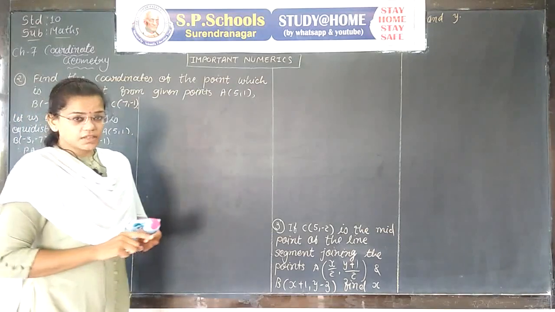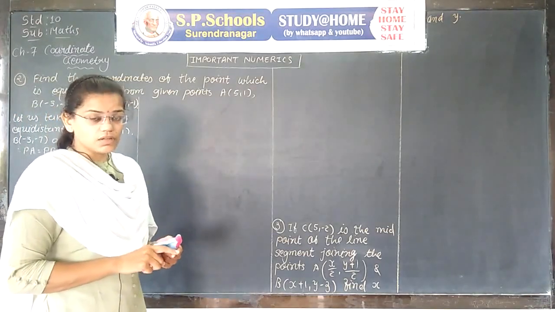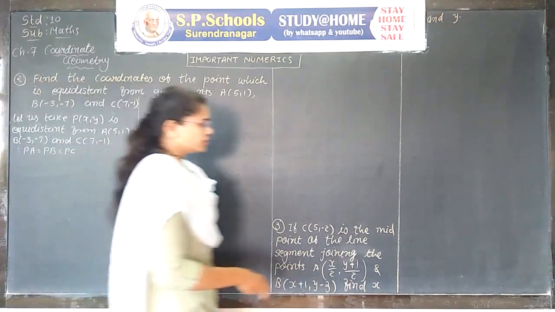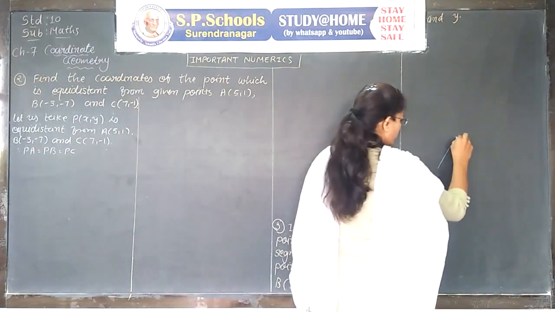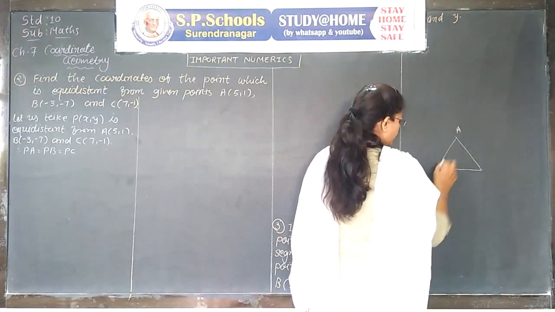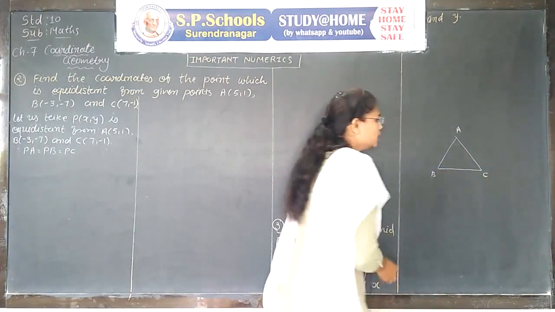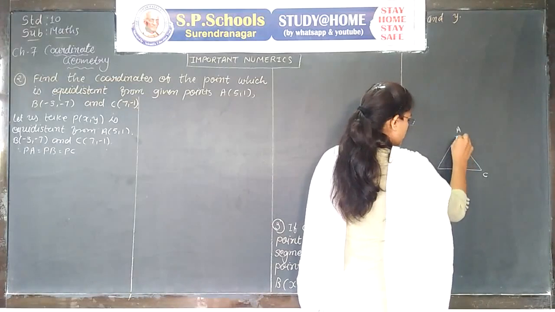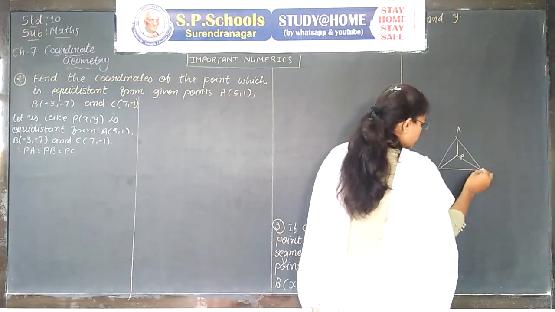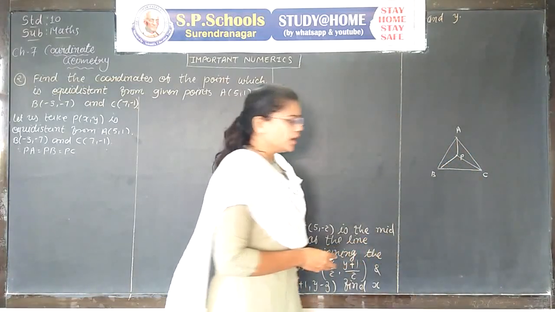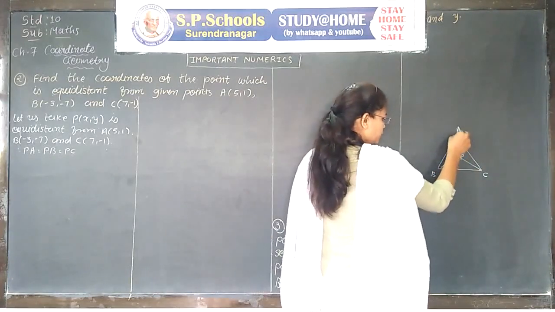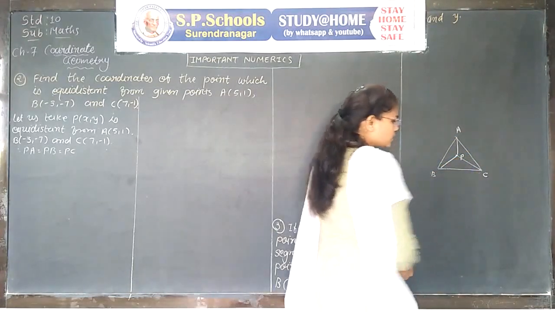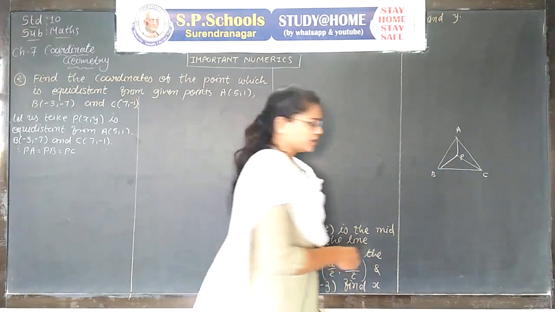The equidistant point P (x, y) is called the circumcenter of the triangle. Whenever this type of question occurs, the point equidistant from these 3 points is called the circumcenter of the triangle, and the distance from P to A, P to B and P to C is called the circumradius.